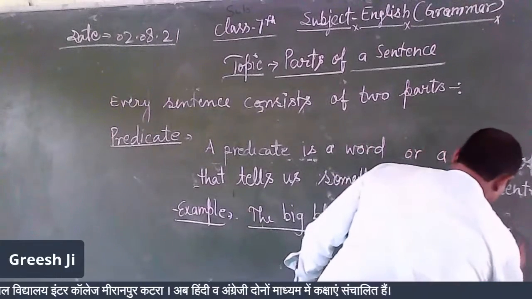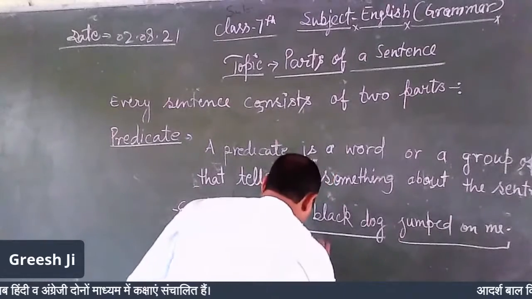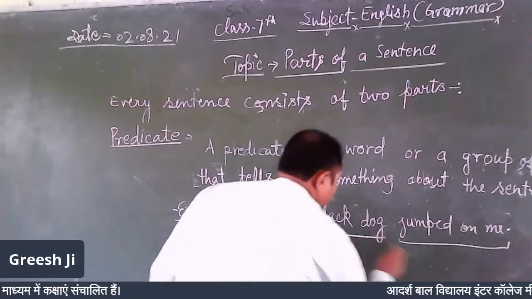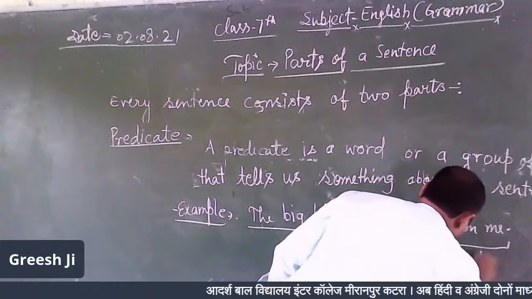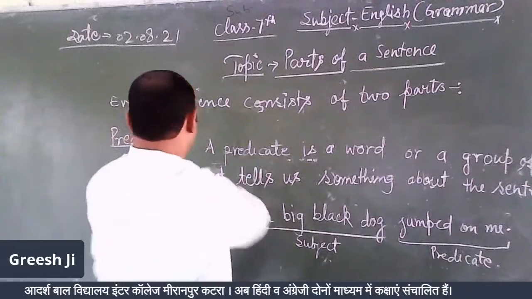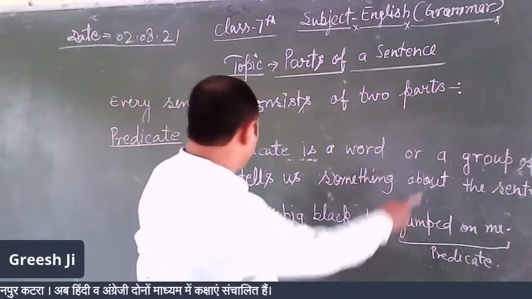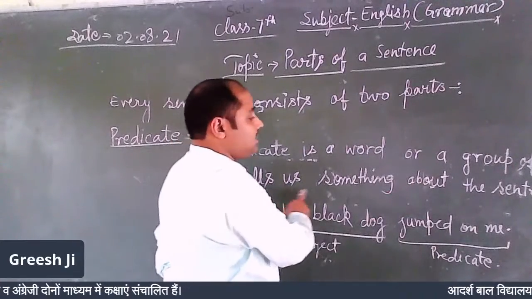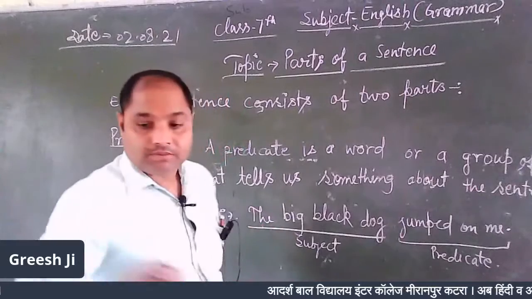Jumped on me, part of predicate. Subject and predicate. Okay? What is predicate? A predicate is a word or a group of words that tells us something about the sentence.